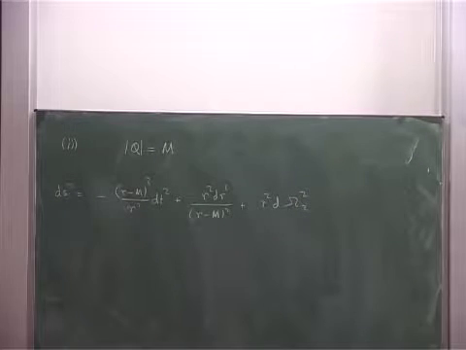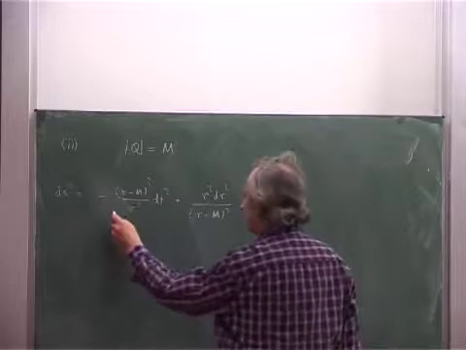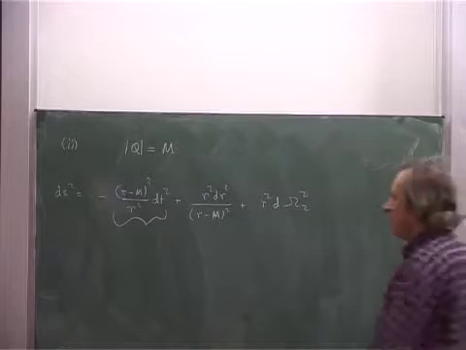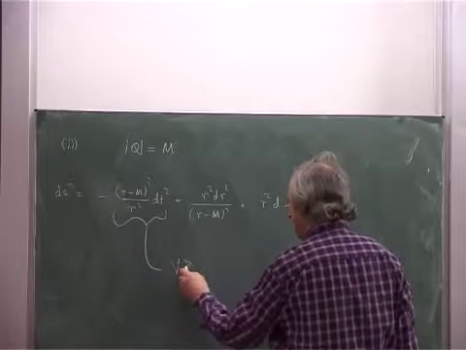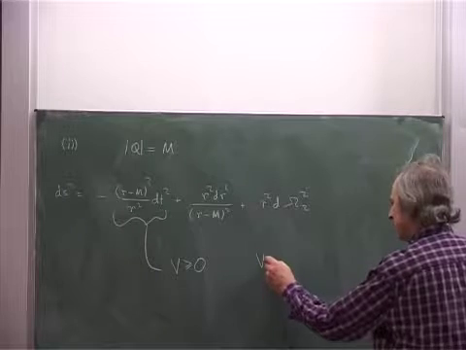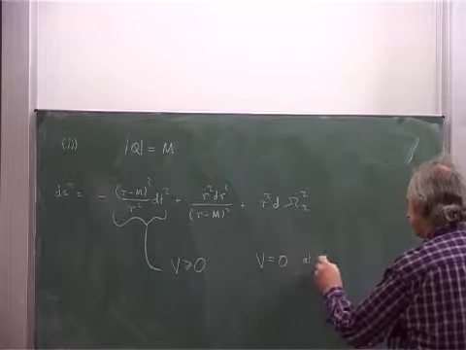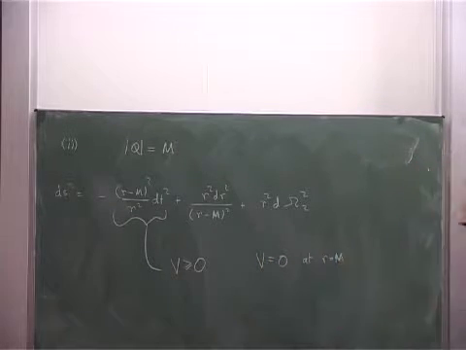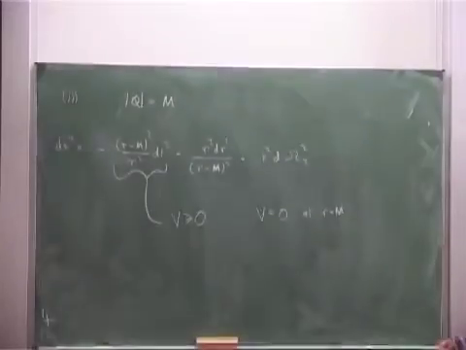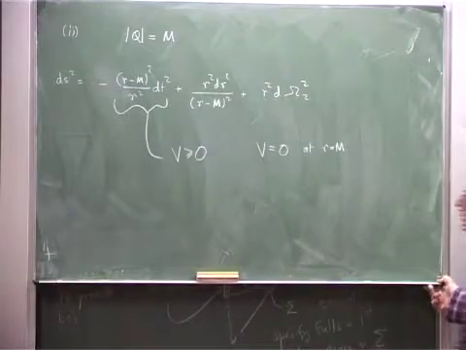That emphasizes the fact that this function here is positive or 0, and it has a double zero at r equals M. Nevertheless, at r equals M, this metric is singular because there is a coordinate singularity.